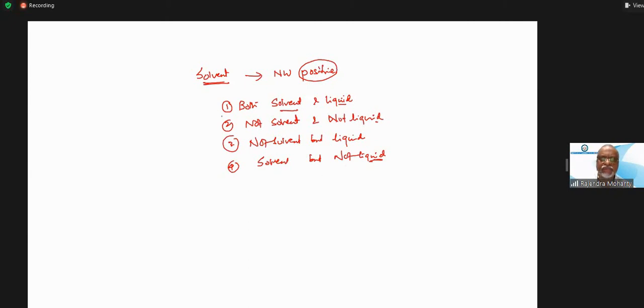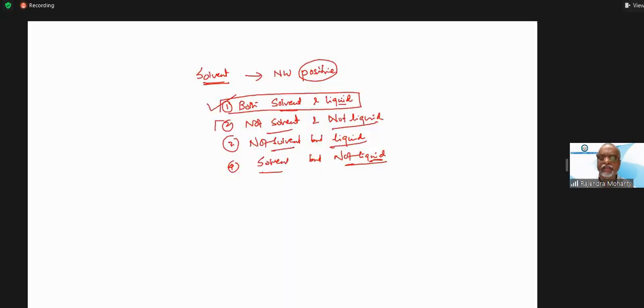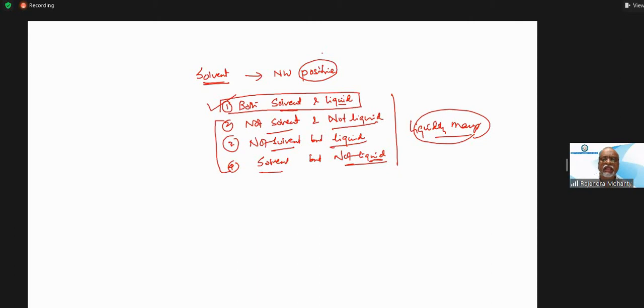But a bank needs to stay both solvent and liquid all the time. You cannot be not solvent or not liquid. You cannot be not solvent but liquid. Or you can be solvent but not liquid. These are not desirable conditions. You have to be solvent as well as liquid. So therefore, there is a need to stay both solvent and liquid at all times, which requires your liquidity management. Liquidity has to be there. Means either you have your fund or you have an arrangement to get the fund immediately at a reasonable price.